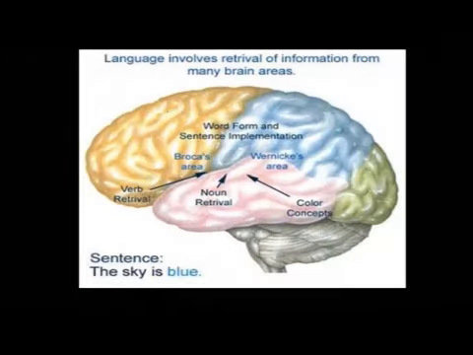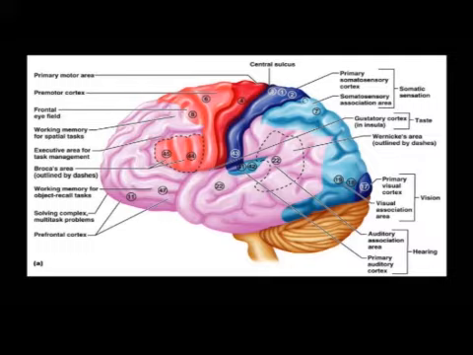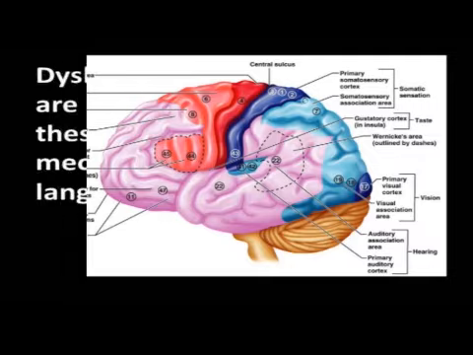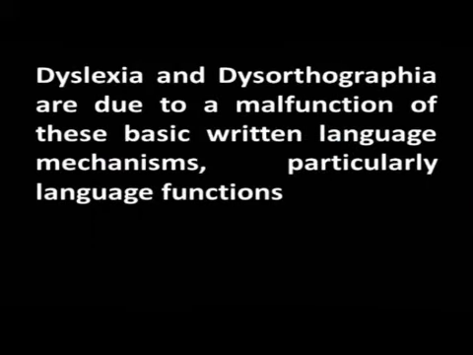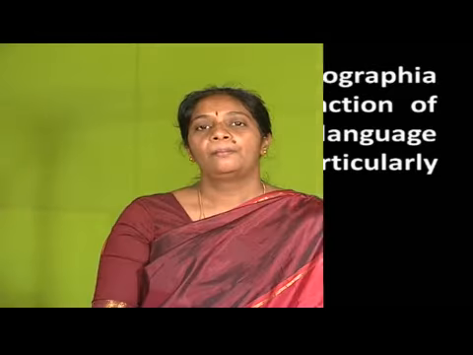Causes of dysorthographia: neuroscience and especially neuropsychology has provided better knowledge of the mechanism of human language at a higher level in the general functioning of the brain. These mechanisms are very complex and involve numerous cerebral functions. Dyslexia and dysorthographia are due to a malfunction of these basic written language mechanisms, particularly language functions proper, the specific networks for reading comprehension.